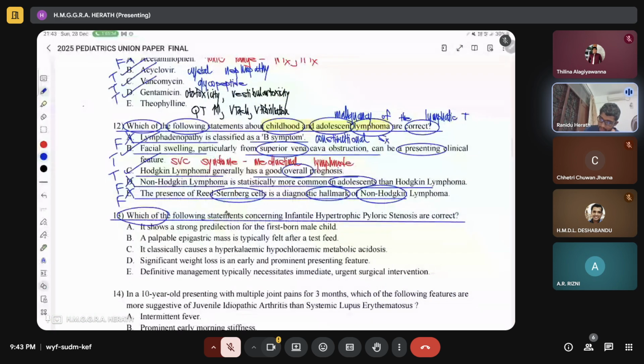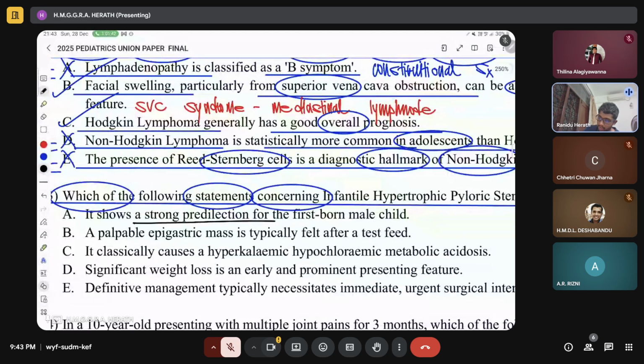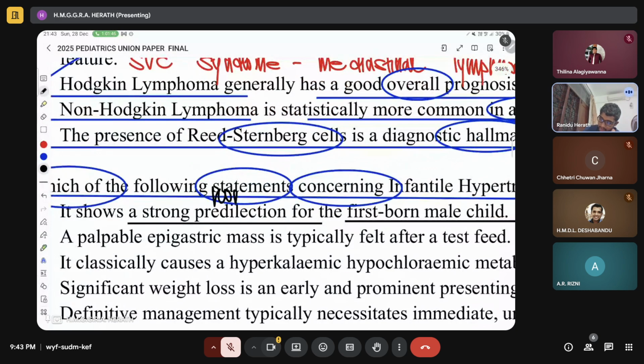Which of the following statements are true concerning infantile pyloric stenosis? It shows a strong predilection for firstborn male children. Strong predilection means it is commonly seen in firstborn male children. True or false?